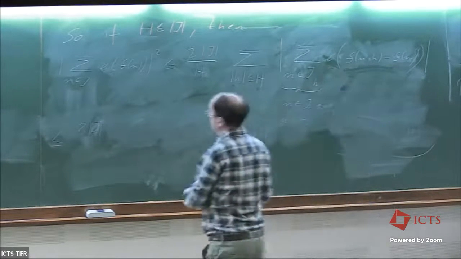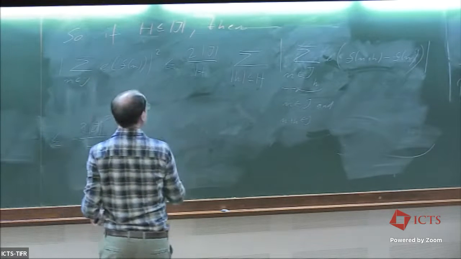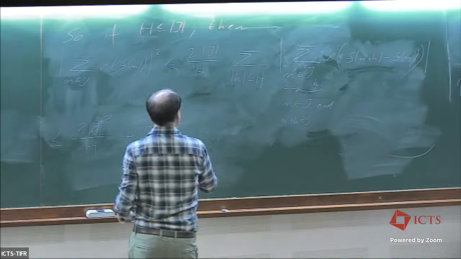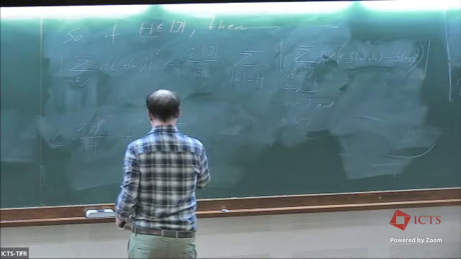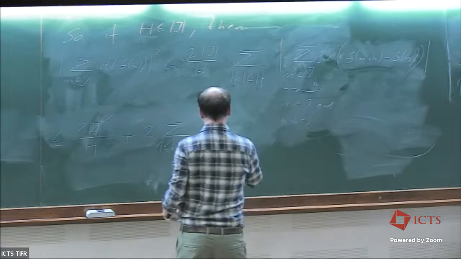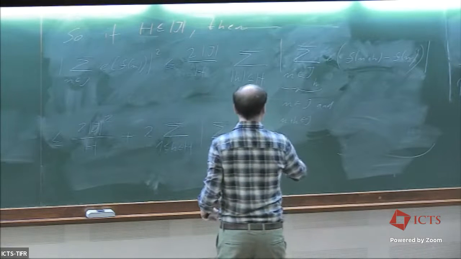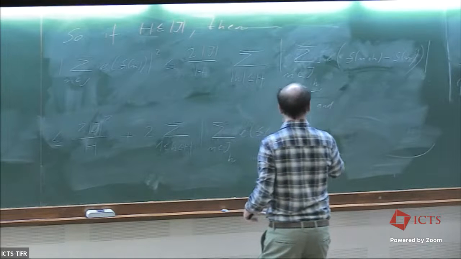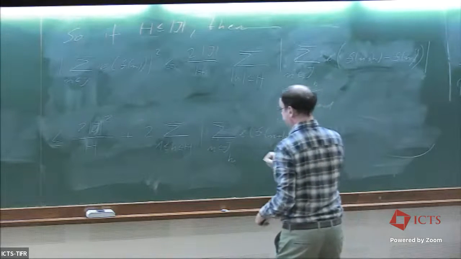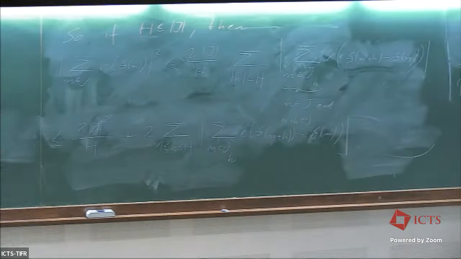So this becomes just I squared divided by h plus 2 times the sum over h between 1 and capital H and n element IH, modulus of e of f of n plus h minus f of n. Okay, so that is the bound which we need.